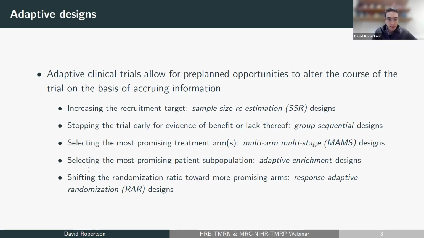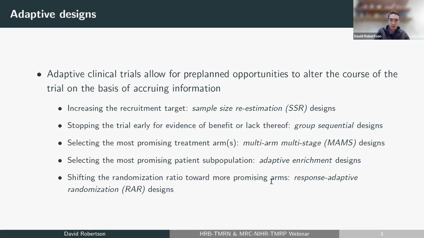More recently, particularly with the shift towards more personalized or precision medicine, there's been increased interest in selecting promising patient subpopulations in a trial, known as adaptive enrichment designs. And finally, and perhaps most controversially, there's the idea of shifting randomization ratios towards, for example, more promising arms.